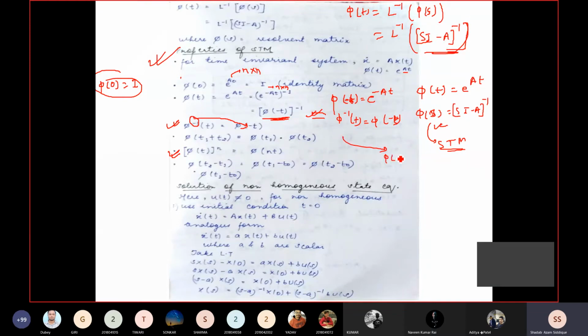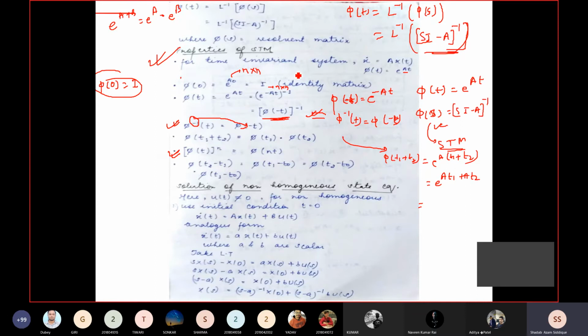So phi(t1 plus t2) can be written as e to the power a(t1 plus t2). So you can have e to the power a t1 plus a t2 in the power also. So you know the property e to the power a plus b can be written as e to the power a into e to the power b.